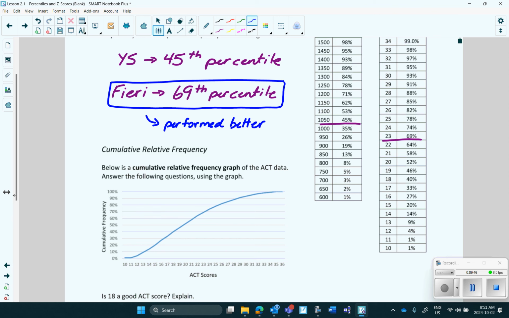And it goes all the way up to 100% because the highest value is obviously going to be at the 100th percentile. So this is a cumulative relative frequency graph of the ACT scores. You can look at the graph here and get a whole bunch of information from it. I mean, 10 is at the 0 percentile. So that must have been the lowest score.